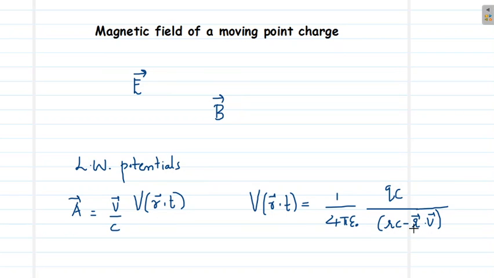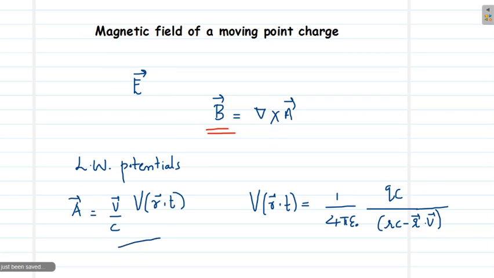the potential is measured. So let us use these equations, Lienard-Wiechert potentials, in order to find the magnetic field of a moving point charge. We know, if we happen to know the vector potential, we can calculate the magnetic field from the equation B bar equal to del cross A bar.